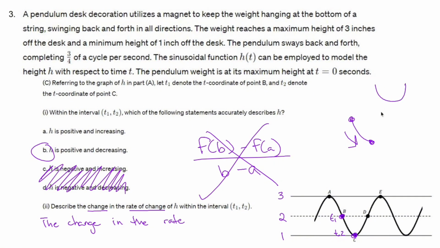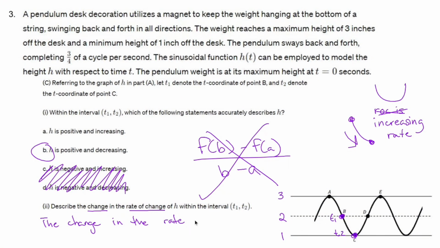Concave up means the rate of change is increasing. Decreasing at an increasing rate. Probably terrible English there. Okay, so increasing rate. What this is doing is this is decreasing.